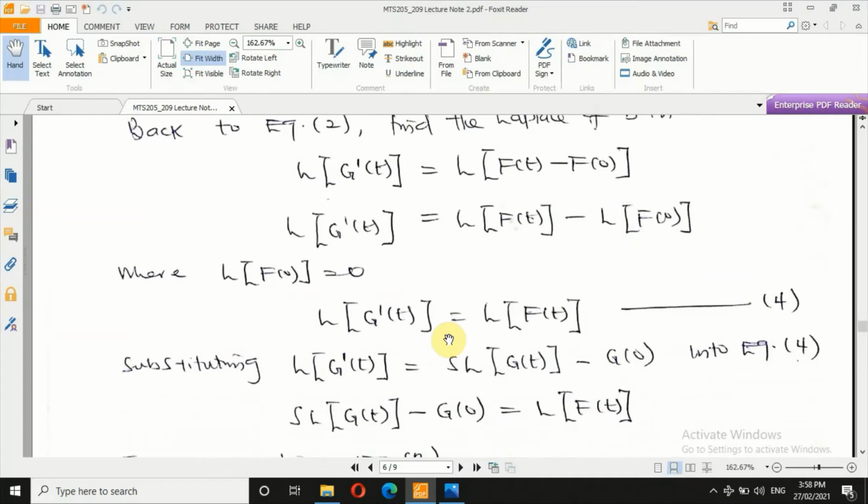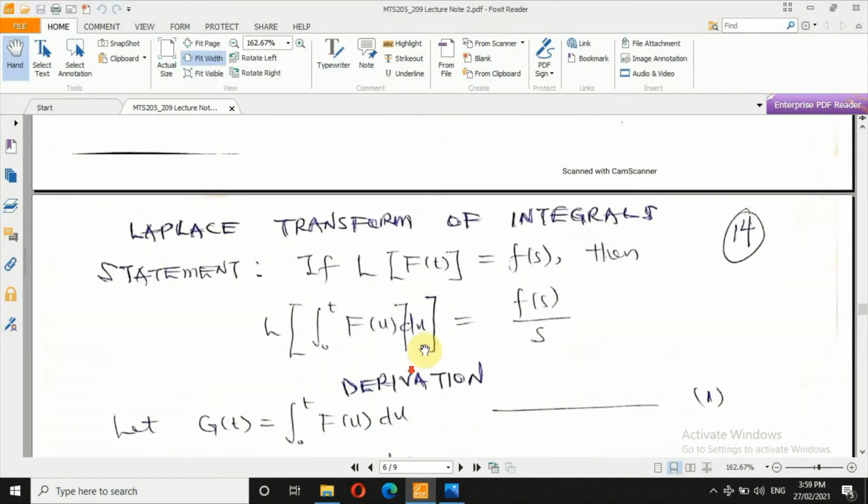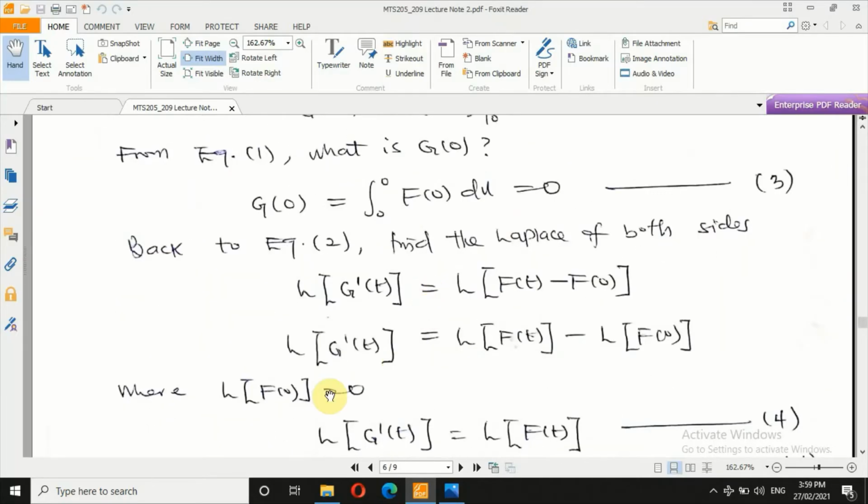You remember that Laplace of f of 0, by the time you put 0 here, are we together now? Then go back to the definition of Laplace transform. You will see that it will now be the integral from 0 to infinity of 0. So that will give us 0. That is why we know that Laplace of f of 0 is 0.